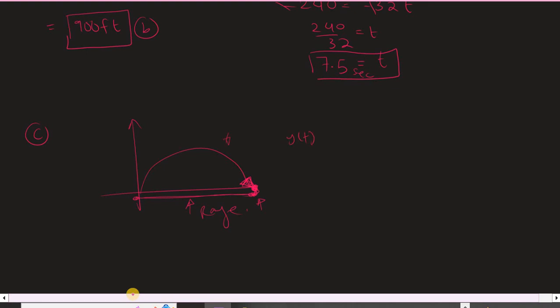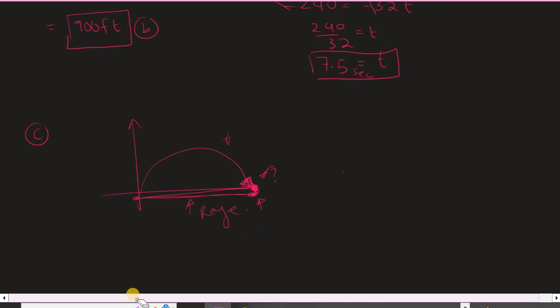We can make y of t equal to 0, because when it hit the ground the position is equal to 0, and then we can calculate the time when it hit the ground. When we have that time, we can plug the t value into x of t, and this is how we're going to find the total distance that it has traveled horizontally.